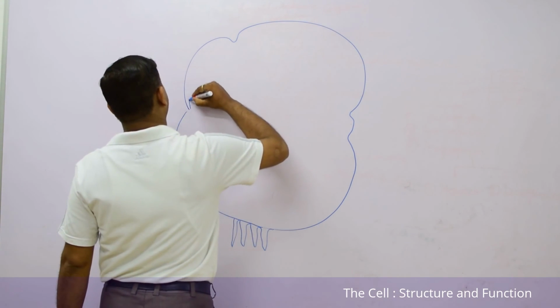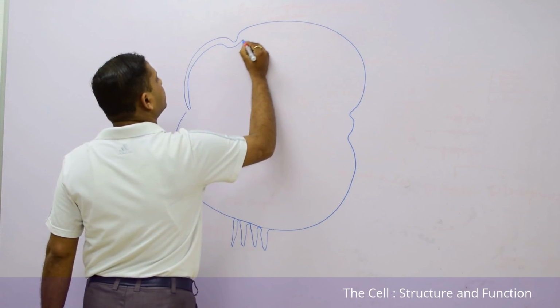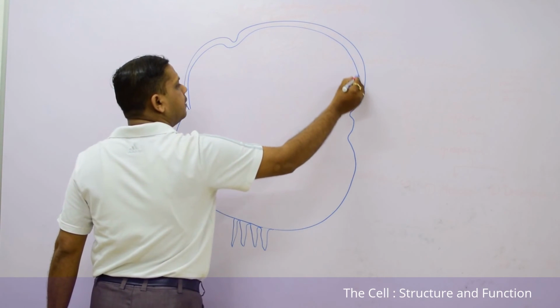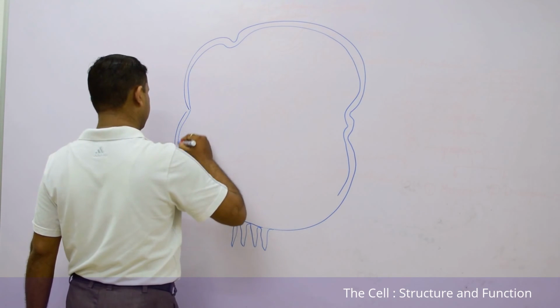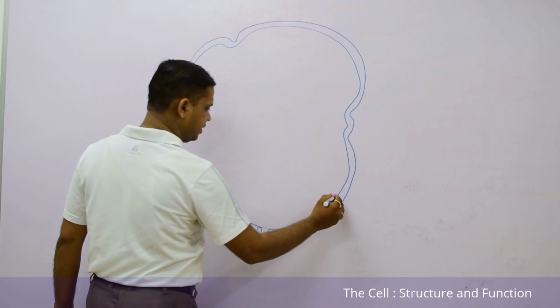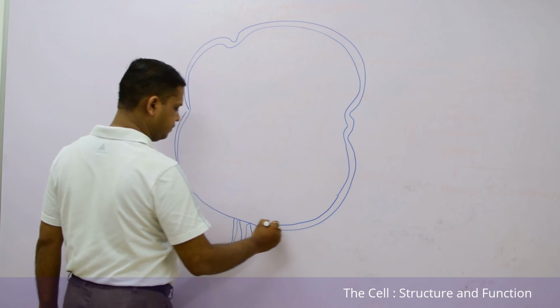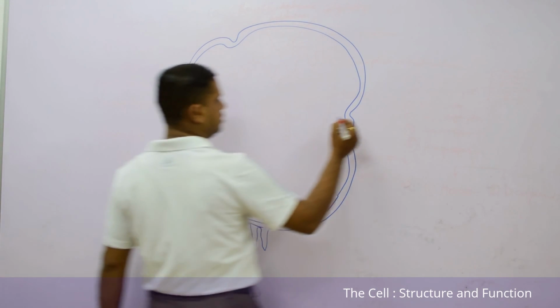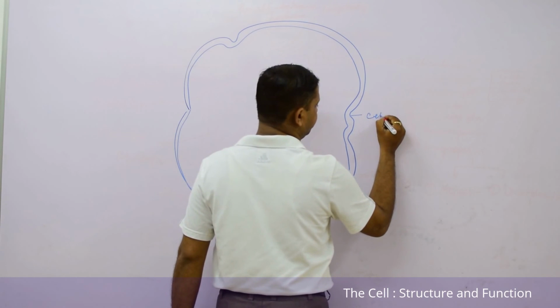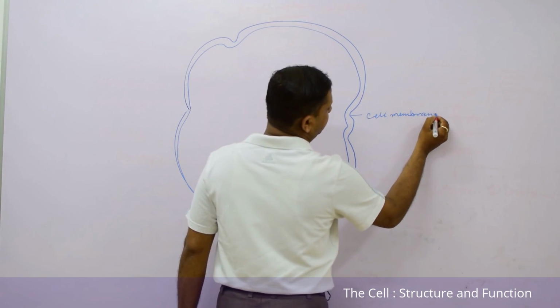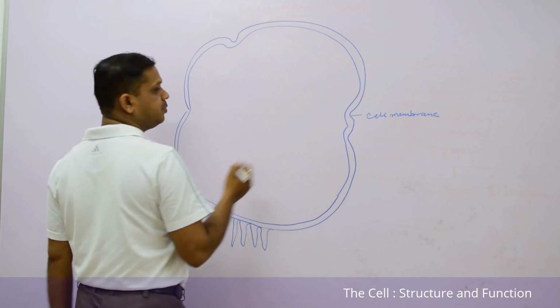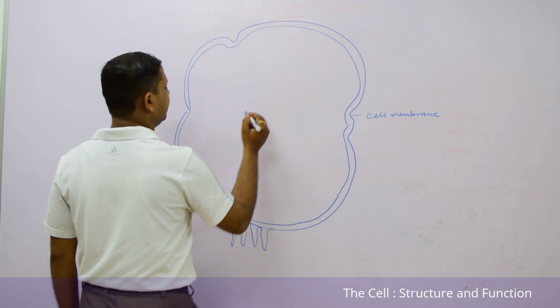They are enclosed with one more membrane. As you can see here, this is called the cell membrane. It is semi-permeable in nature.